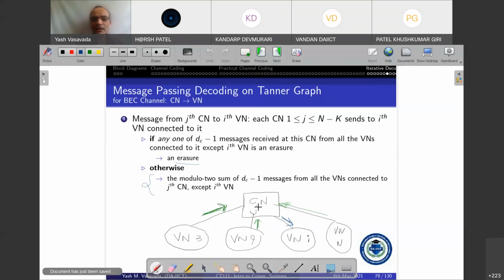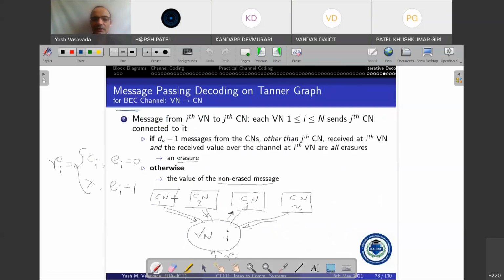Each of the CNs is basically making sure that the corresponding VNs have even parity, an even number of ones. It's an SPC code. So likewise, I'm asking you to tell me what type of code is VNI?